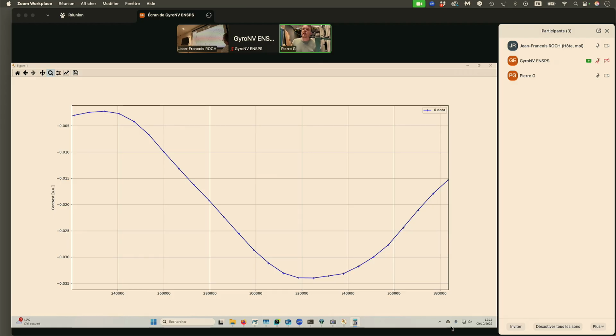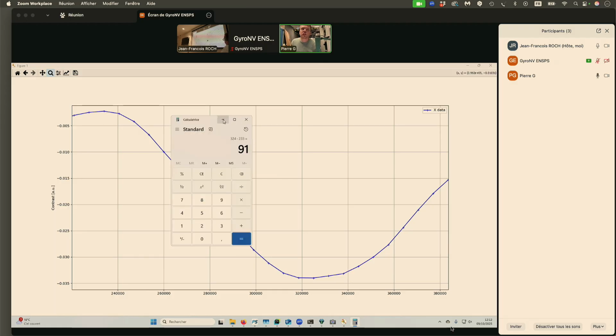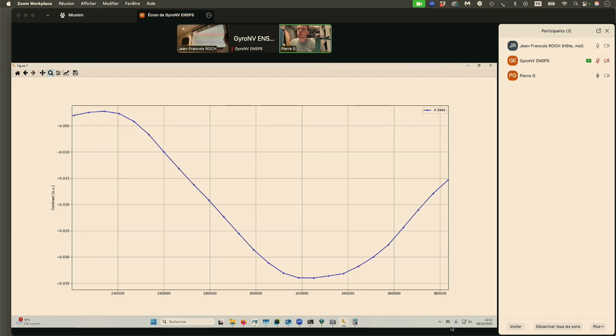Okay, and I end up with 91 microseconds. I will put that in my program. Okay, and now we can do Ramsey fringes.